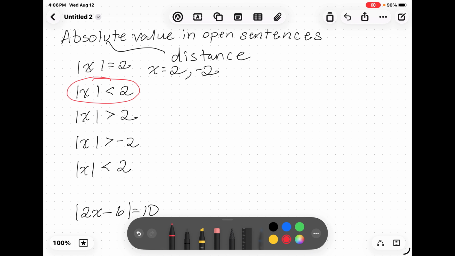How about 1.5? That would work too. What we end up seeing here is that x is any number that is less than 2. It can't be anything equal to 2 or greater than 2. It has to be less than 2.